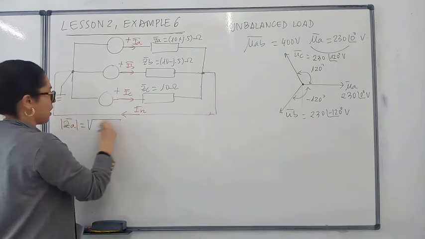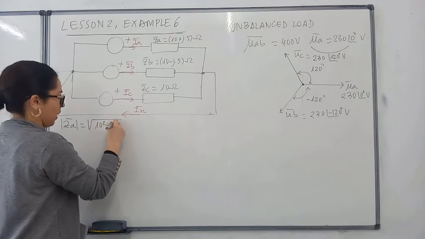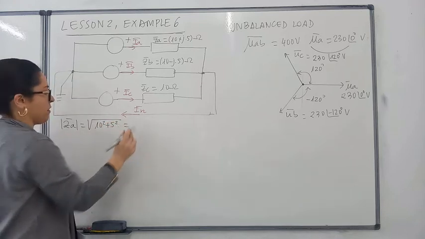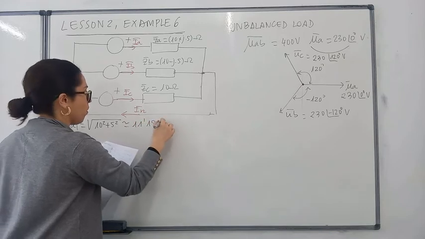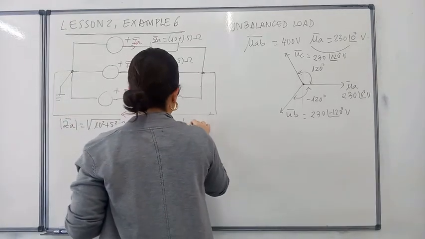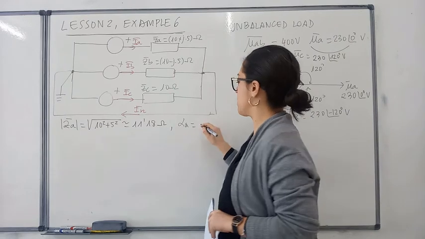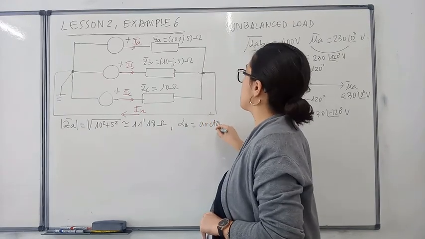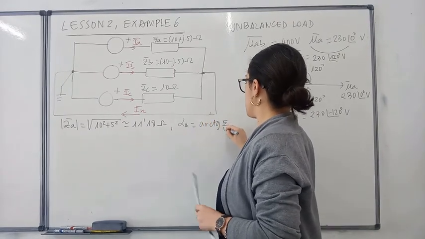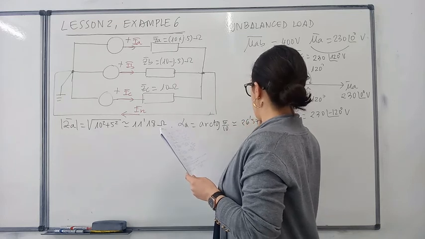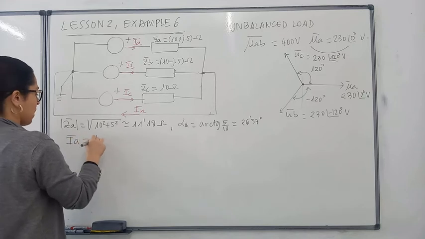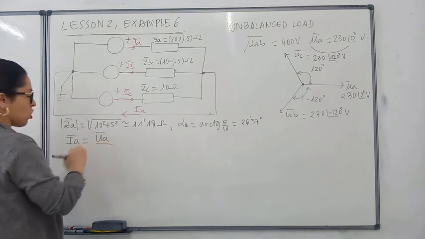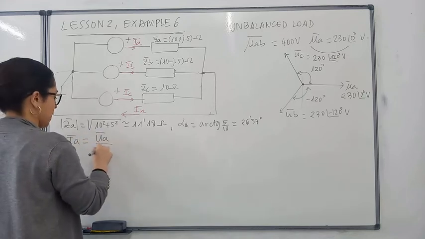So then, we are going to obtain the absolute value of the first impedance, which is approximately 11.18 ohms, and the angle of the first impedance, which is arctangent of 5 divided by 10, 26.57 degrees. So then, if we apply Ohm's law, we will have the phase voltage UA divided by the impedance.